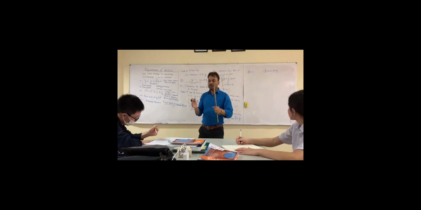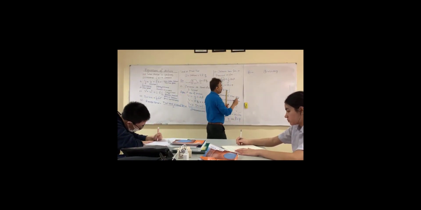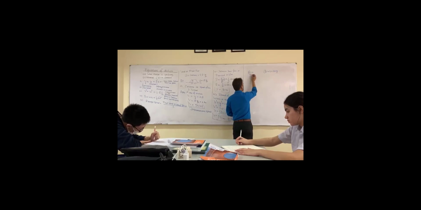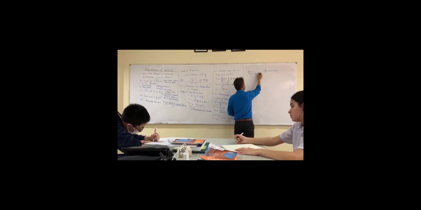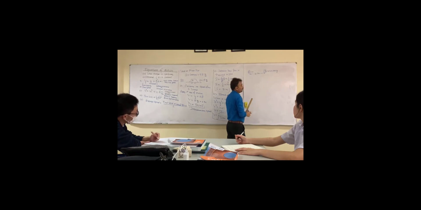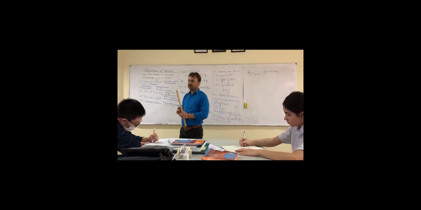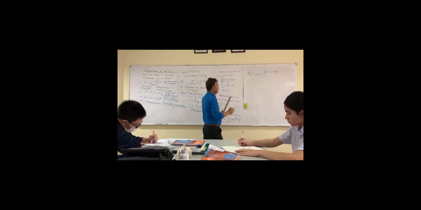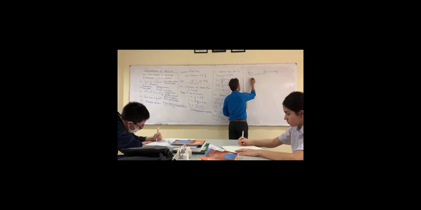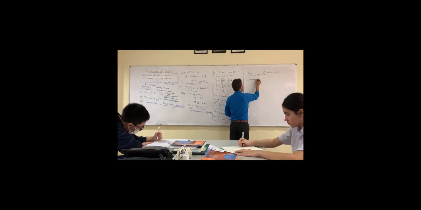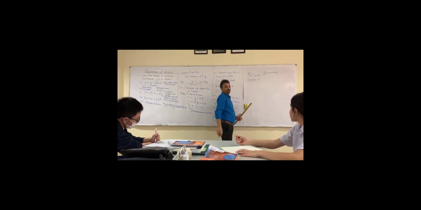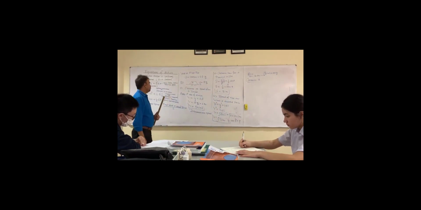And when it crosses point B from point A, the total time it takes is 10 seconds. So find out the acceleration. Calculate A. Calculate the acceleration.